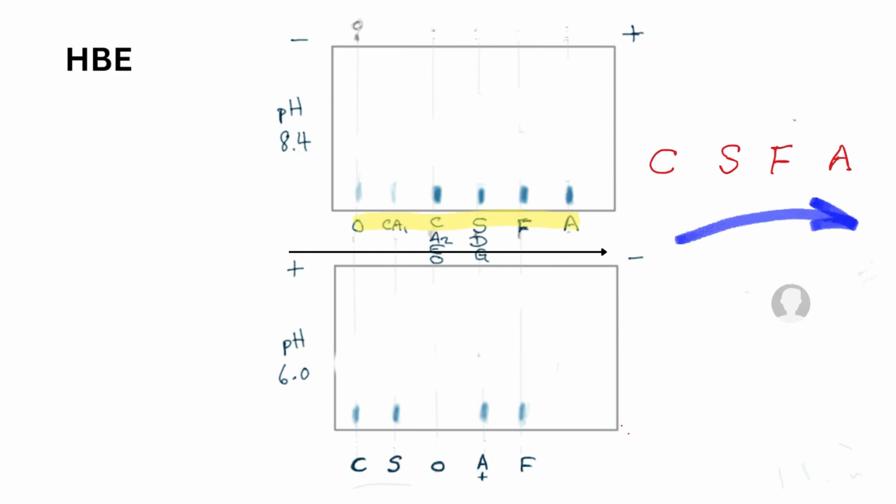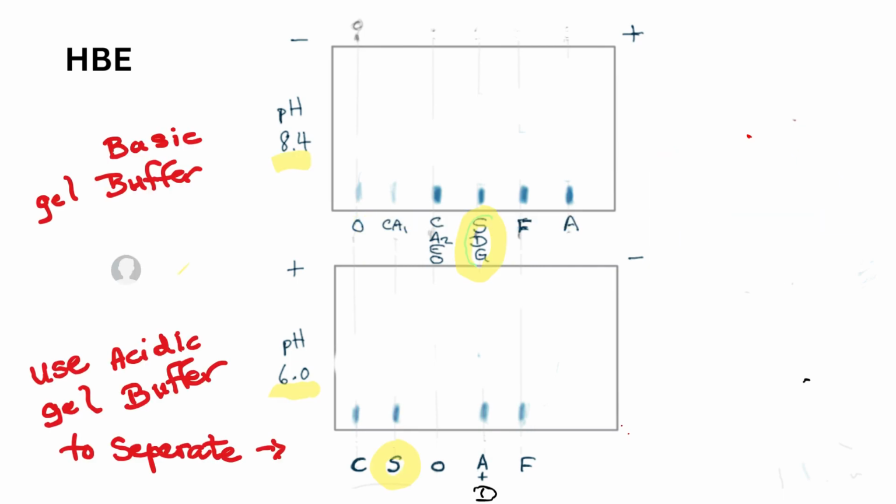Before we go further, a few basics. AFSC, that's the order of migration in hemoglobin electrophoresis for these hemoglobins. Accelerate, fast, slow, crawl. Note the pH 8.4, which is basic gel buffer, as opposed to acidic pH 6.0, and that's used to separate S, D, and G hemoglobins in the basic gel buffer, so that way you can distinguish the two or the three.